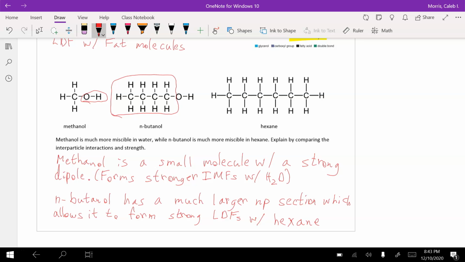It has similar intermolecular forces to hexane, more so than to water, and that allows them to dissolve one in another.